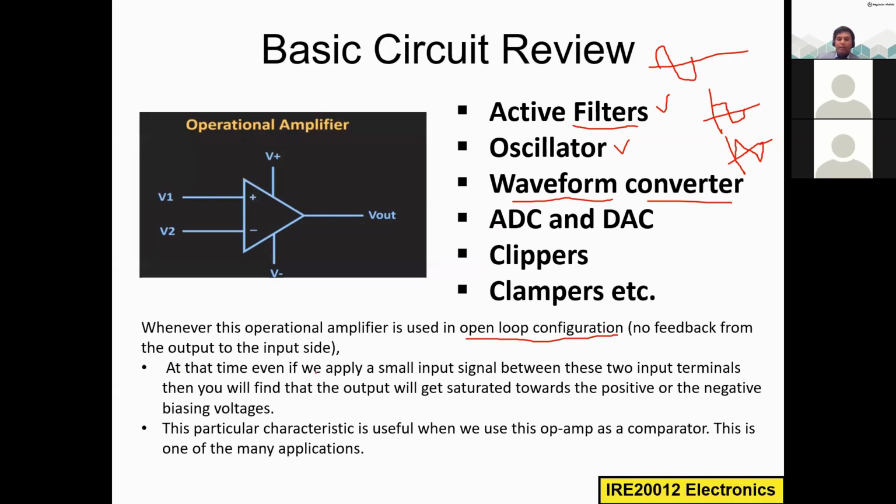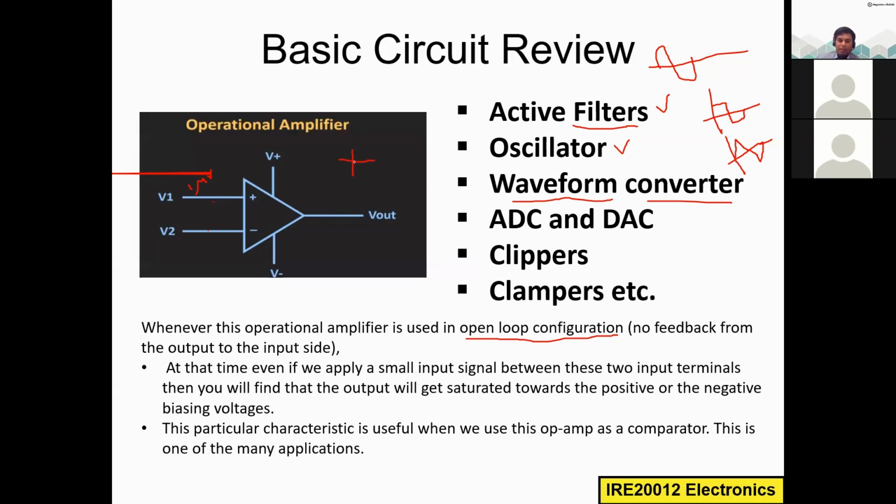Even if we apply a small input signal between these two input terminals, you will find that the output will get saturated towards the positive or the negative biasing voltages. I told you VD is V1 minus V2. So even if V1 is 1 microvolt and it changes to 1.5 or 2 microvolt, immediately the output will go to saturation.